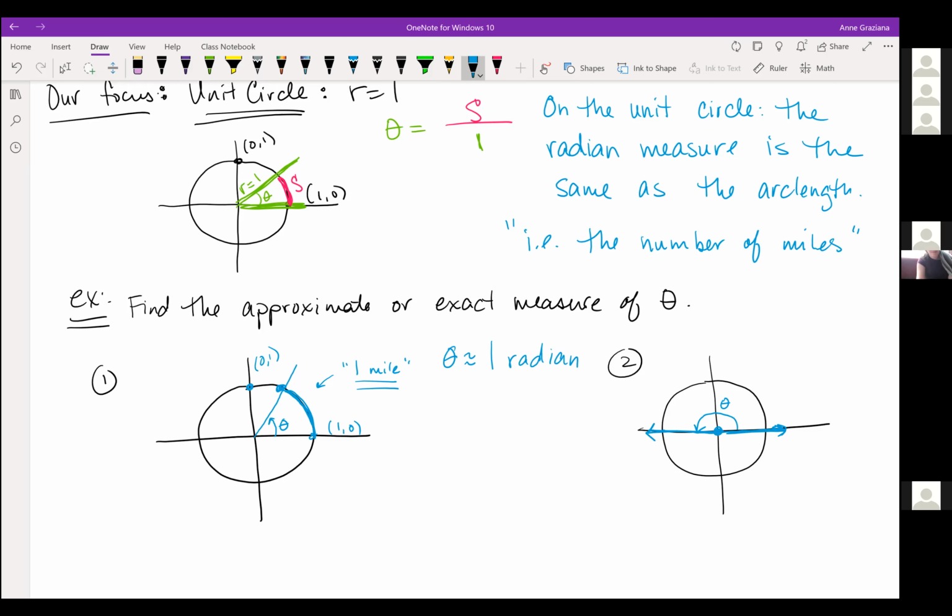Or exactly pi. So this is pi miles when you walk along the circle. So this is pi units. The arc length is pi units. Pi radians. And so also theta is pi radians. The measure of that angle is the same as the arc length.